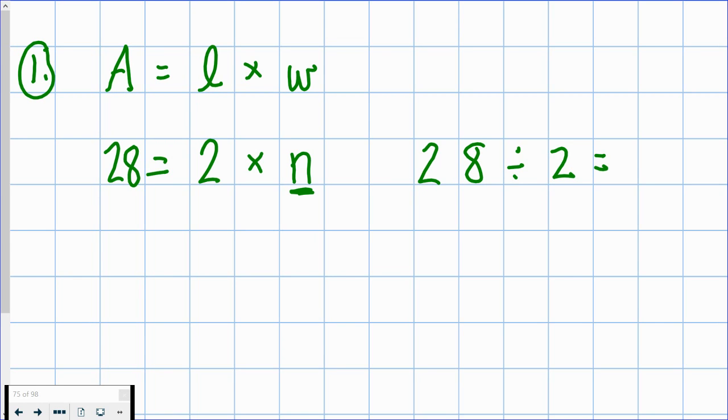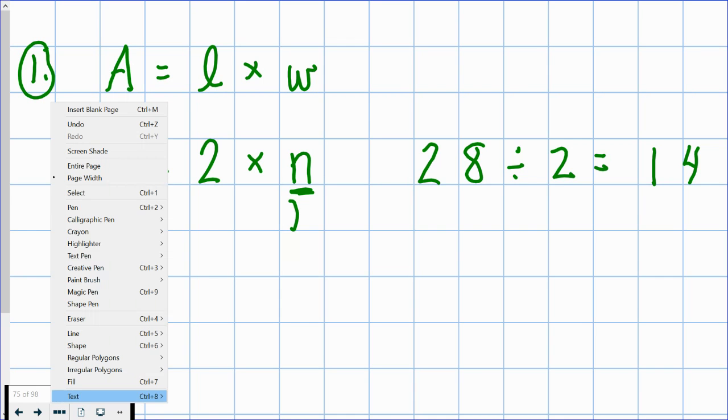Okay, grab a calculator. You could sit and skip count by 2s, but that's going to take you a long time. My advice is to grab a calculator and type in 28 divided by 2. You will discover that you get 14. Well, guys, that's the quantity for n.